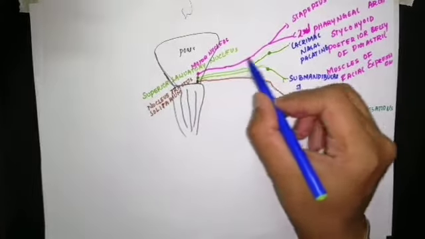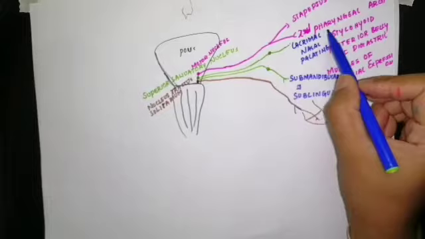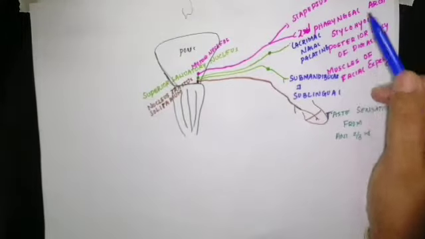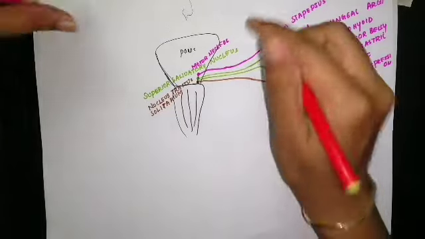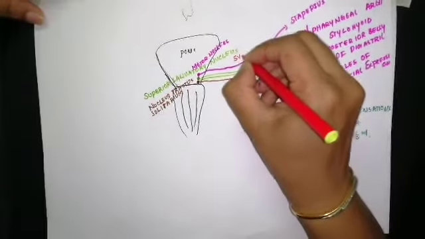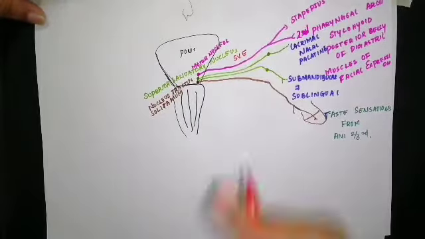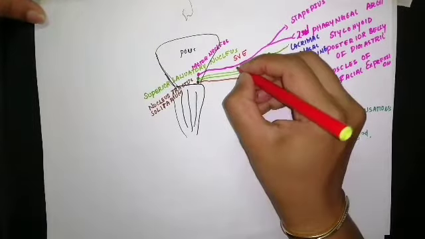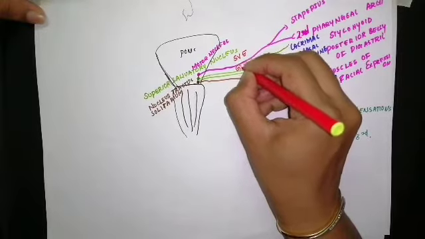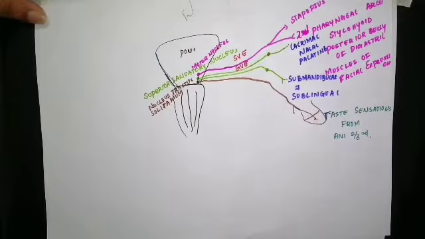The motor nerves which supply the muscles derived from the second pharyngeal arch are known as which fibers? Special visceral efferent fibers. And the parasympathetic fibers are known as general visceral efferent fibers.